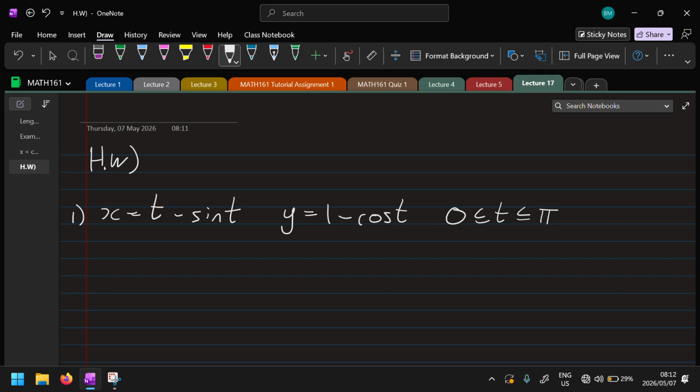Again, there are some trig functions there, so you need your trig identities. And number 2: x is equal to e to the t, y is equal to e to the minus t, and z is equal to root 2 times t.